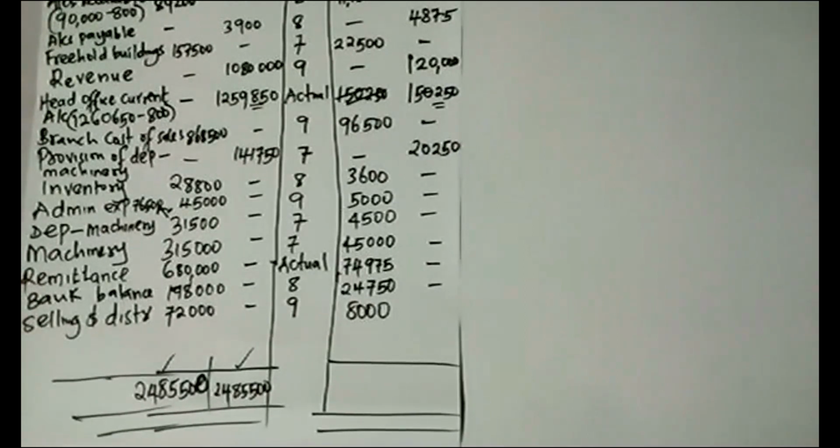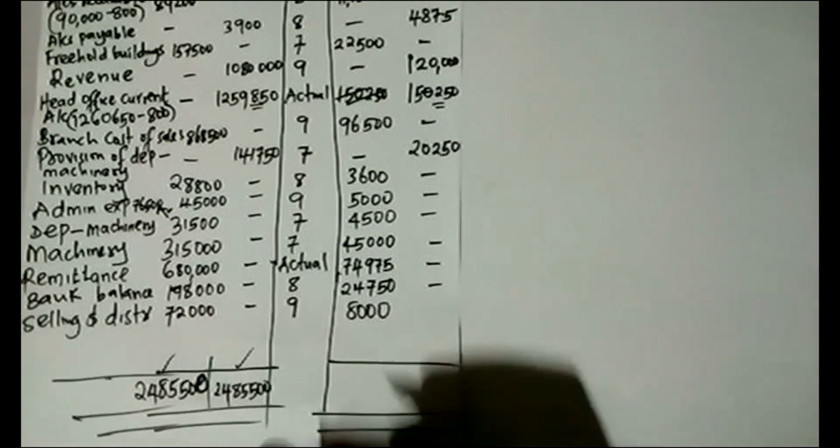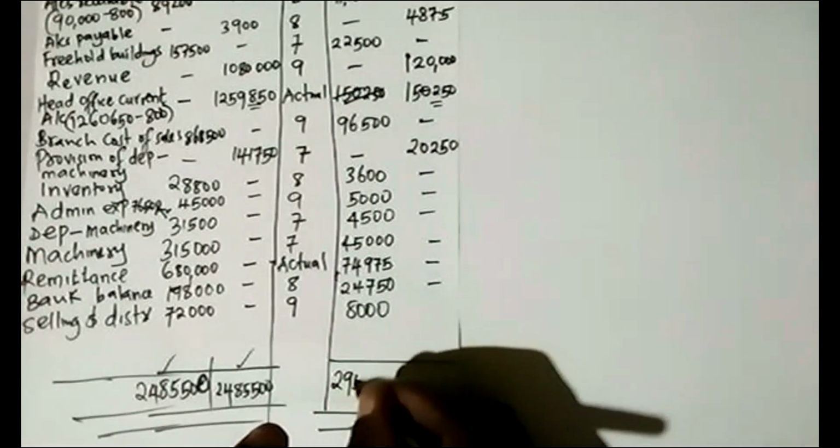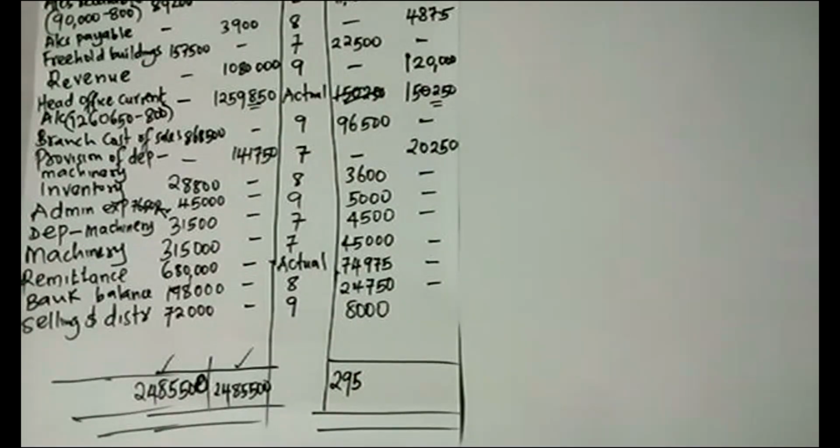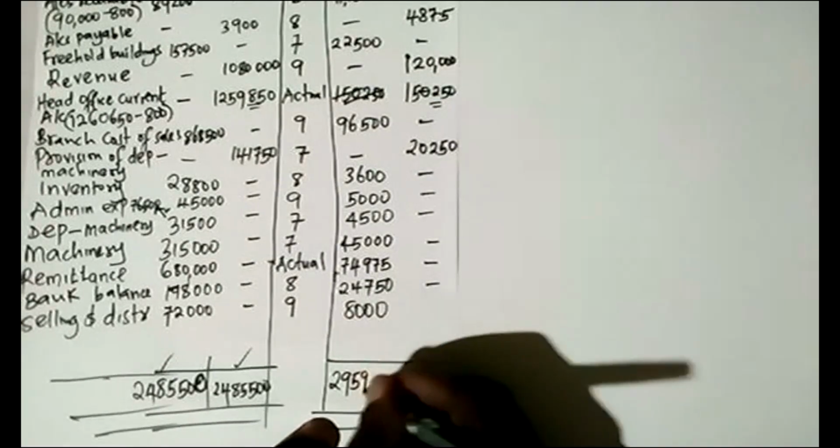22,500, 96,500, 3,600, 5,000, 4,500, 45,000, 74, 24, 8,000. I'm getting 295,975.